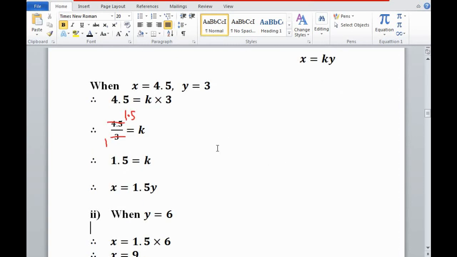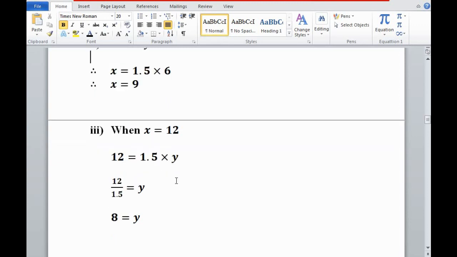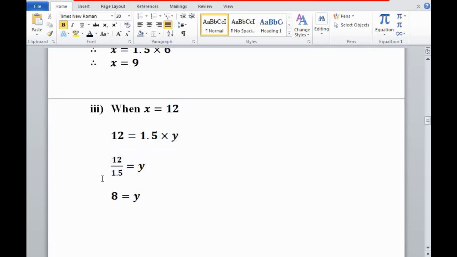So since the equation is x equals ky, we have the value of x, which is 12, equals k, which we calculated as 1.5, multiplied by y. So to find the value of y, this equation becomes 12 upon 1.5. Let's take this decimal number 1.5 to the left side of the equation. And if you divide 12 by 1.5, the value of y is 8.